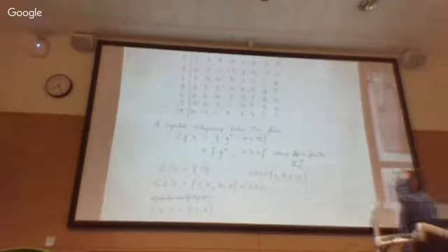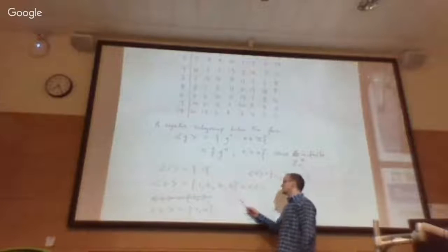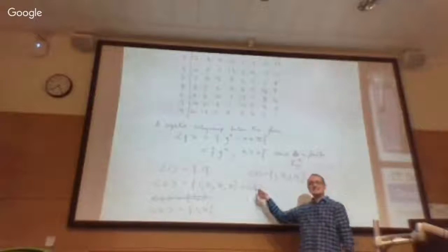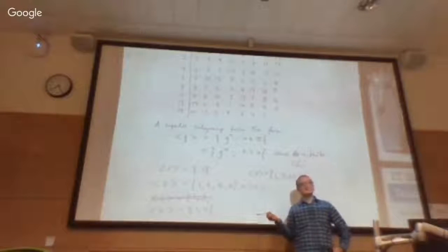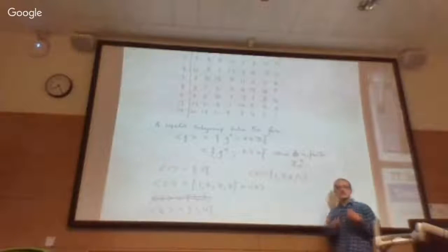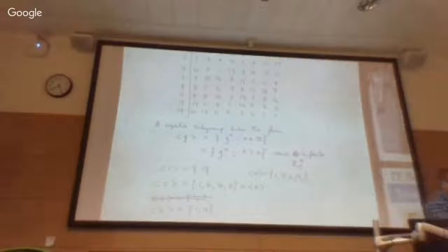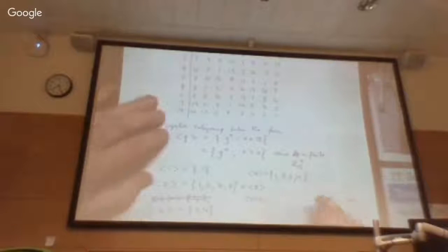8, subgroup generated by 8. The subgroup generated by 8 is actually just the same as this one. You can explain that by noticing that 8 is the inverse of 2. So an element and its inverse will always generate the same cyclic subgroup. 11 is another one of these subgroups of order 2.